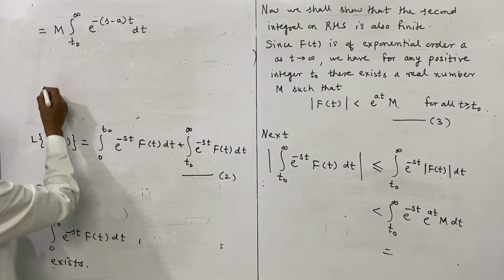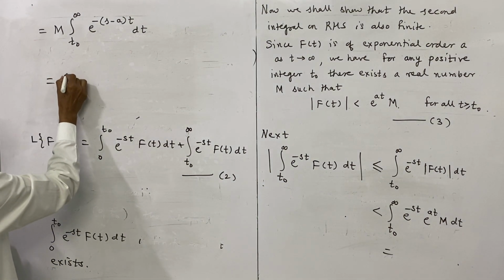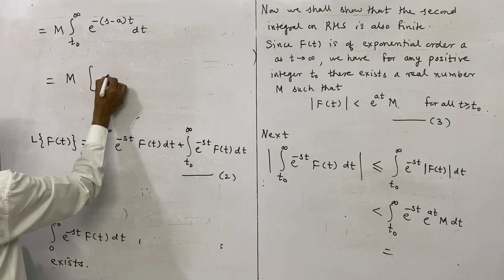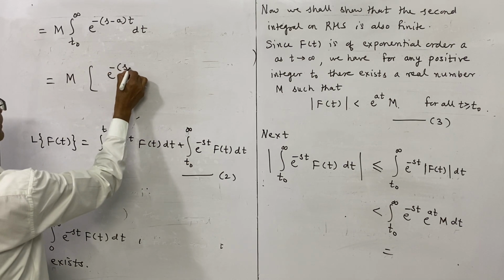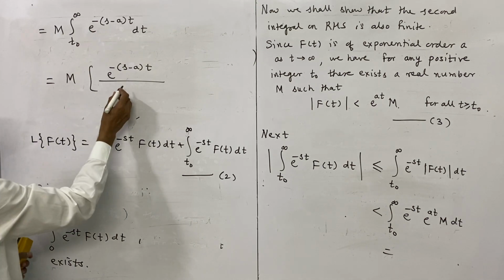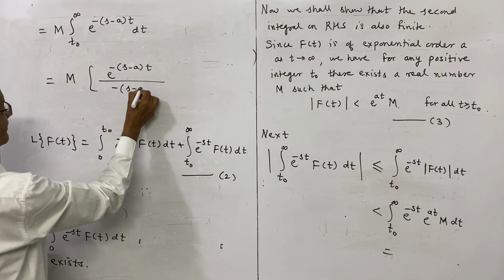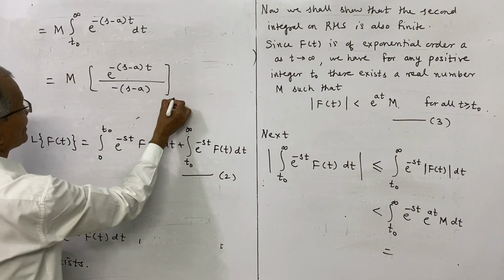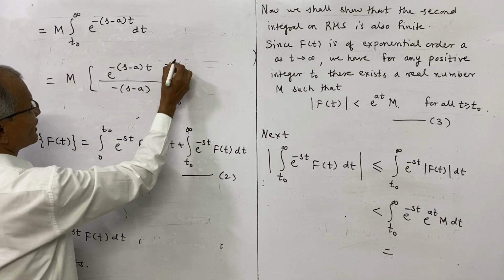And what is the integration of this? It is M times e power minus s minus a times t, divided by the coefficient of t, that is minus s minus a, with limits t naught to infinity.